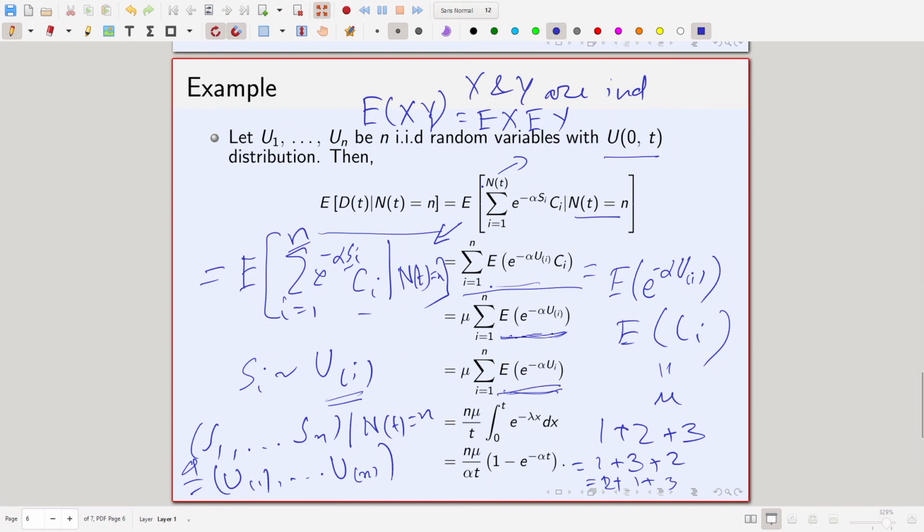Here this sum is of e to the power minus alpha U(i), with the bracket, but e to the power minus alpha Ui without the bracket is just a rearrangement of these terms, and since summation does not depend on the order, like 1 plus 2 plus 3 is the same as 1 plus 3 plus 2, which is the same as 2 plus 1 plus 3, and so on, this sum is actually equal to this sum.